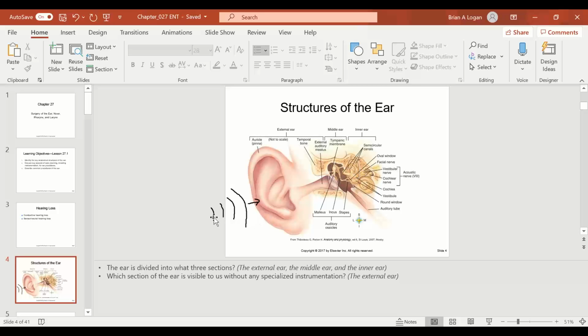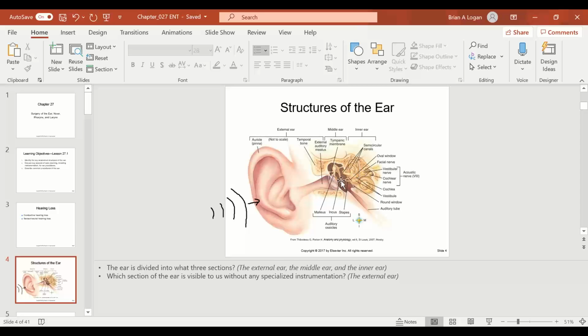The way this goes is that the sound comes in through the external ear, and those sound waves then vibrate your tympanic membrane. They make it bounce back and forth. The malleus is connected to the backside of that eardrum, so as it vibrates, it makes that mallet move, and it taps on the anvil, or the incus.